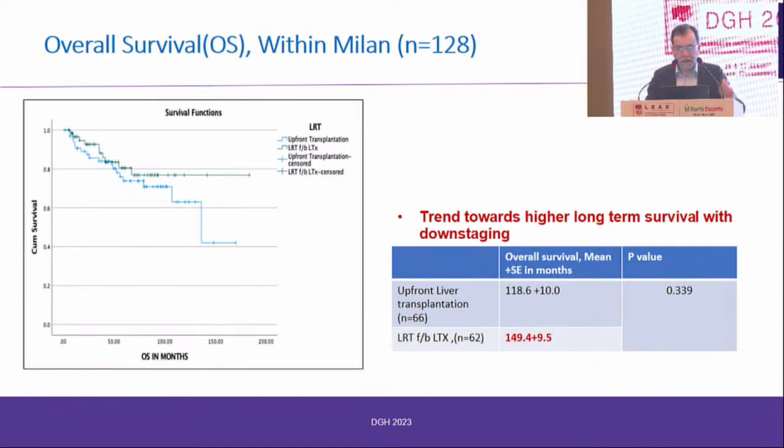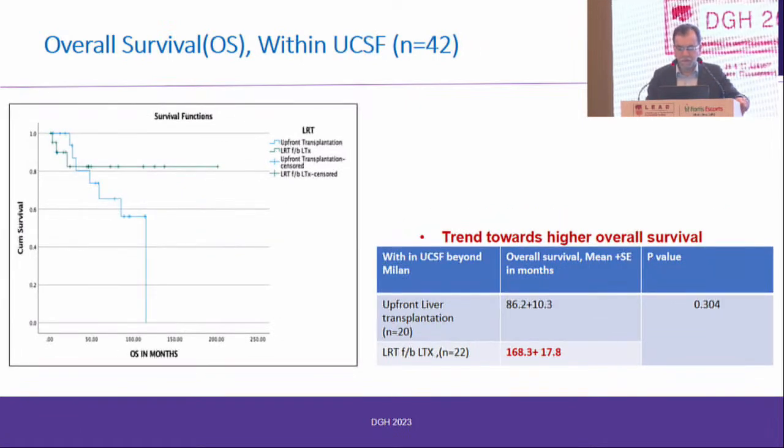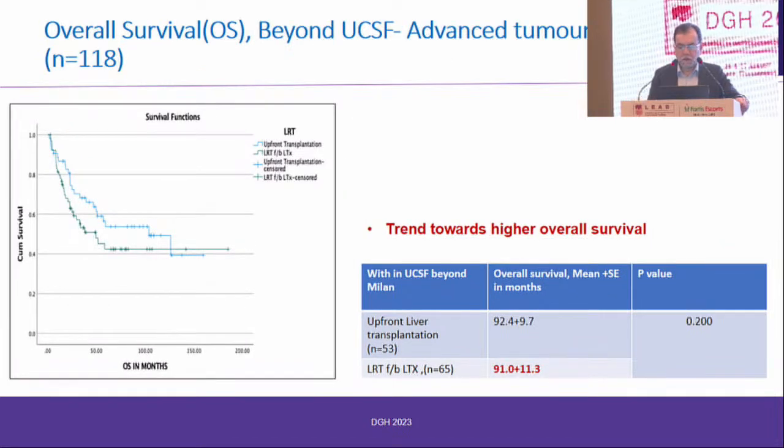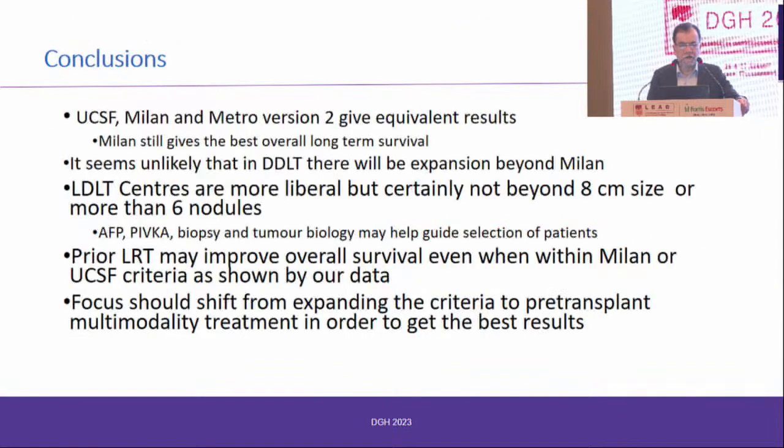Even within Milan, and similarly within UCSF, the trend was towards higher survival with local regional therapy. But when it's beyond UCSF, even if you did downstaging, the overall survival was not affected at all, whether you did upfront or not.